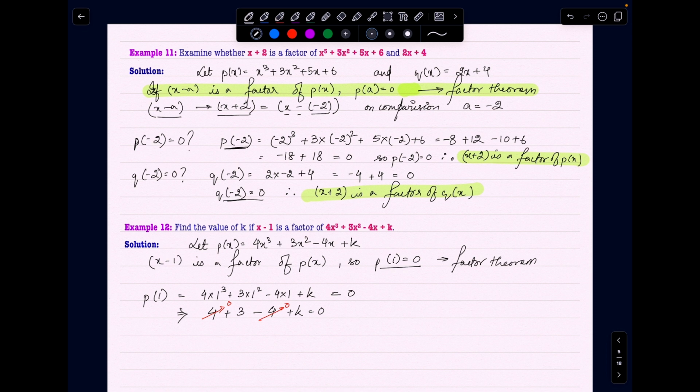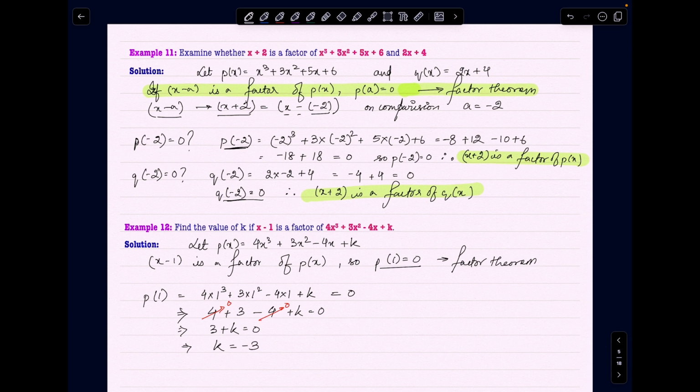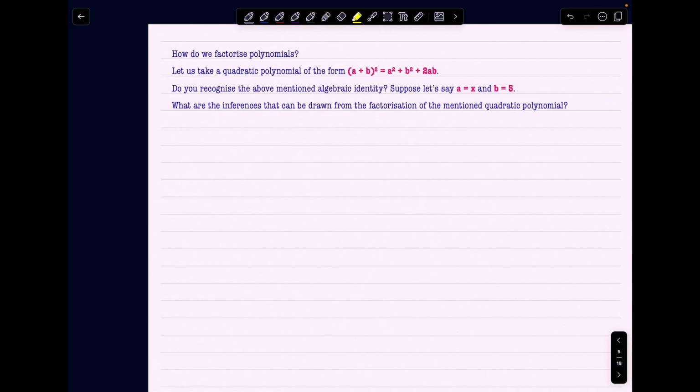So we are left with only 3 plus k equals 0. So taking 3 to this side, this becomes minus 3. So k equals minus 3. This is the answer. Understood?